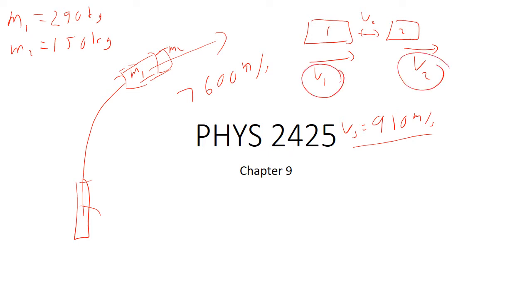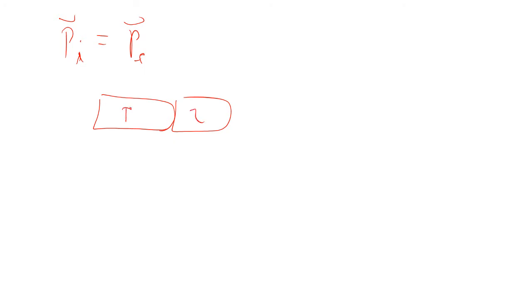All right, so we want to solve this problem. Conservation of momentum: P initial equals P final. P initial is when the two of them are stuck together, object 1 and object 2, moving together with velocity 7,600 meters per second.